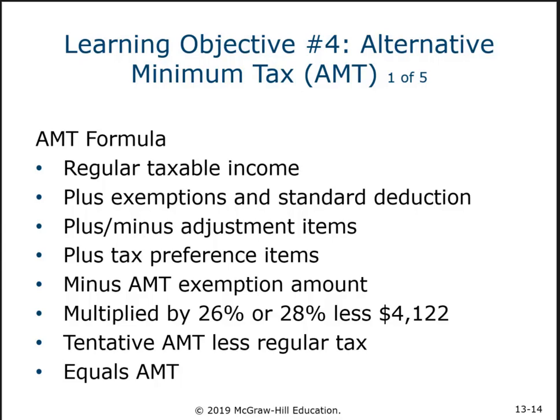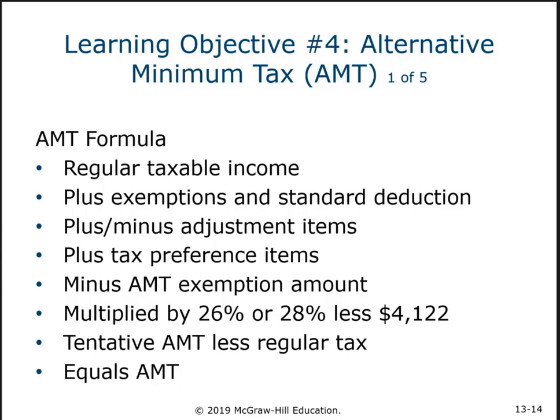Now, fortunately for us, at this stage, the differences between the regular tax and alternative minimum tax aren't as big as they used to be. Many of the changes in the law in the last few years have reduced the amount of differences, which makes our life a lot easier.